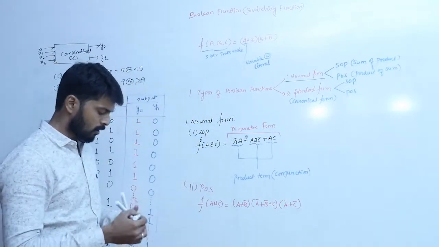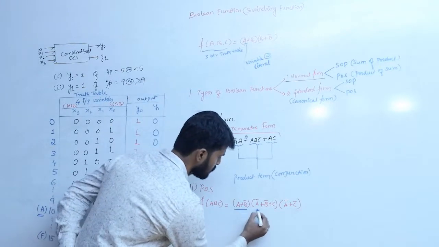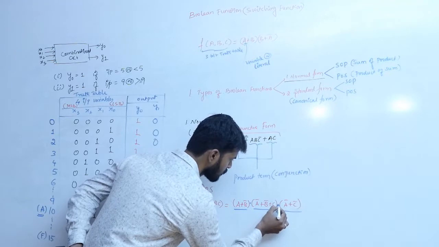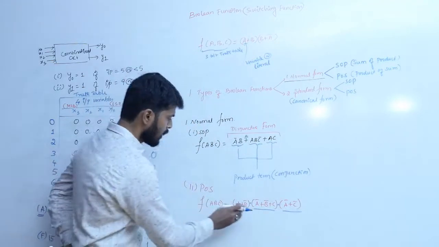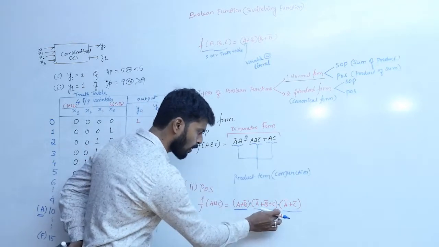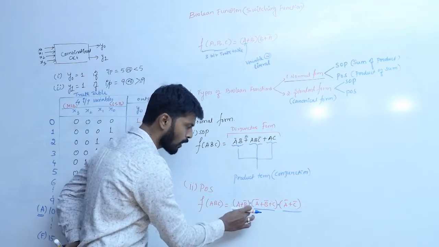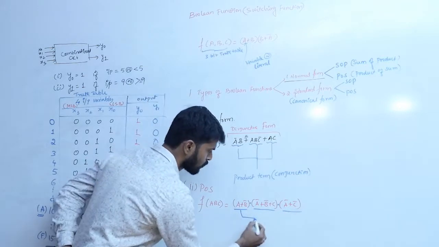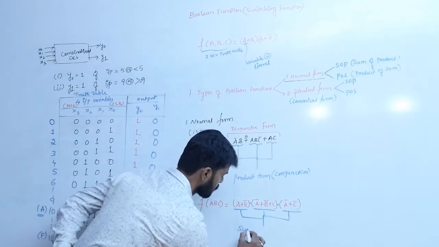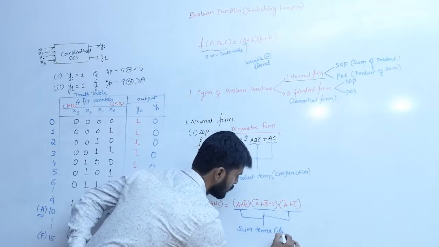This is called a POS form. In this POS form, these terms are connected with the product, which is the multiplication, and these are sums, so it is a product of sums. We are multiplying the sum terms, so that's why it's called POS. These terms are called sum terms, or also disjunctions.